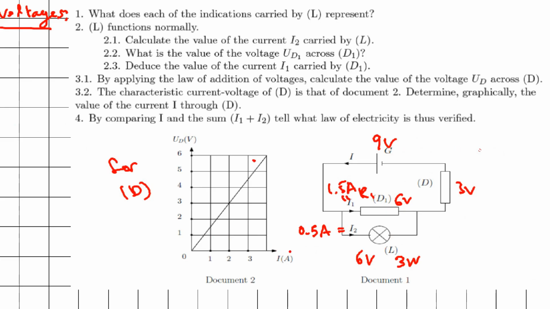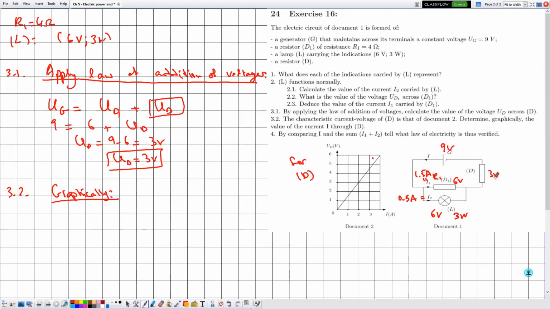So we must use the graph. How do we determine the value of I? Using the graph, first we need to know the value of UD, and the path will be along the curve. The passage from UD to I will be the curve. But first, in order to determine I, we need to determine UD. Notice that previously we have determined UD, which is given by 3 volts.